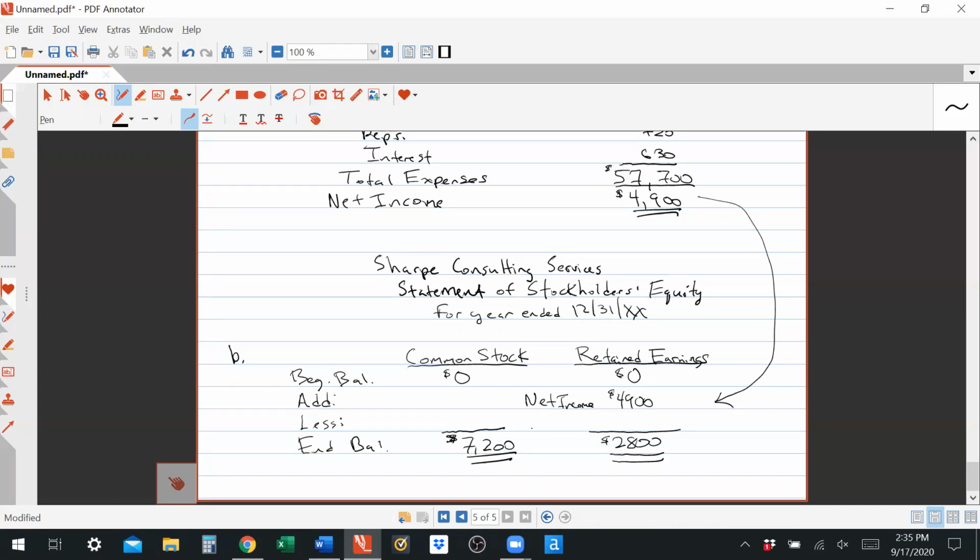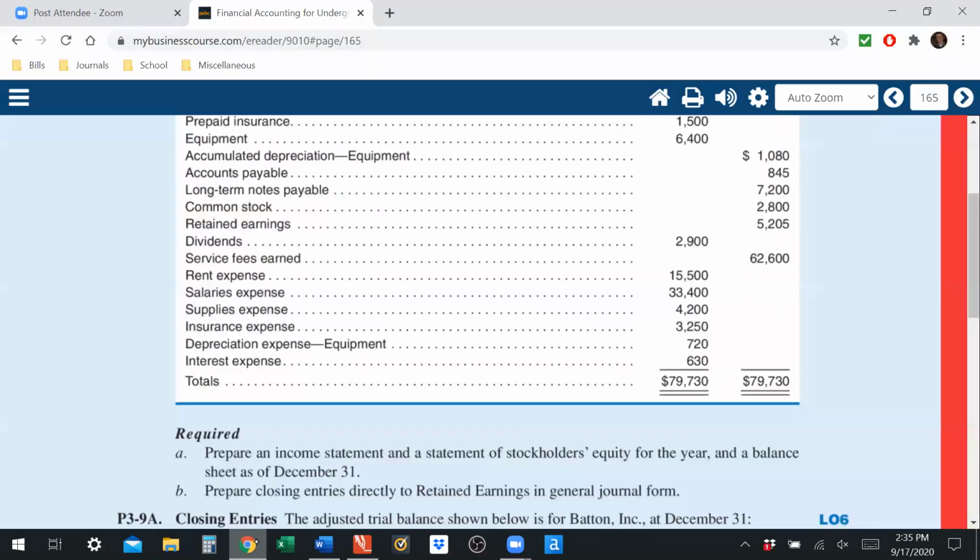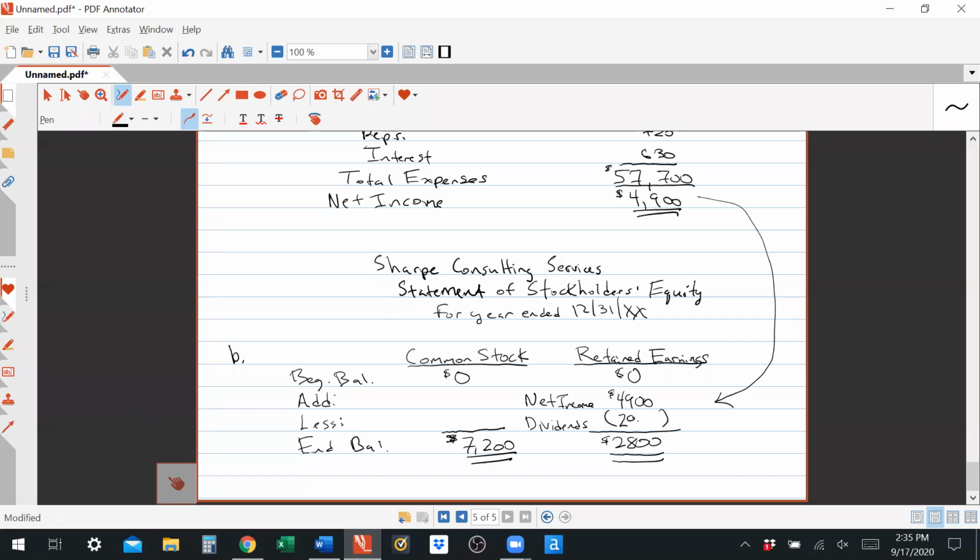And what do we subtract from our retained earnings? We subtract dividends. And does it tell us what the dividends are? $2,900. Oh, that's going to help us get our beginning balance.